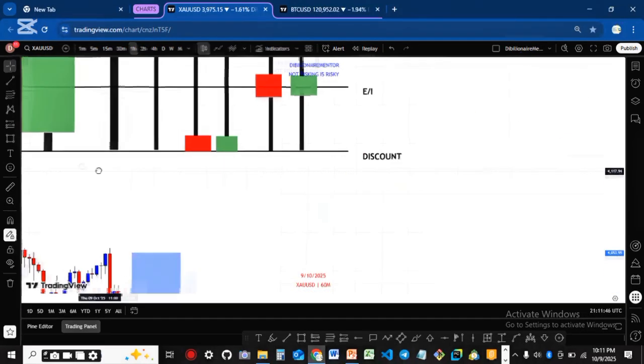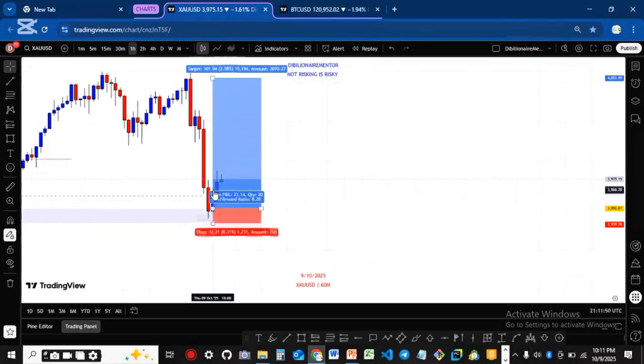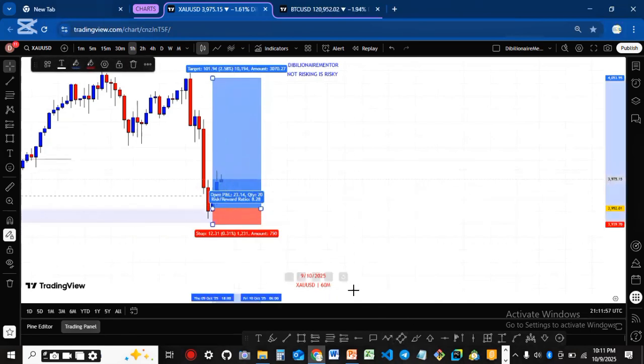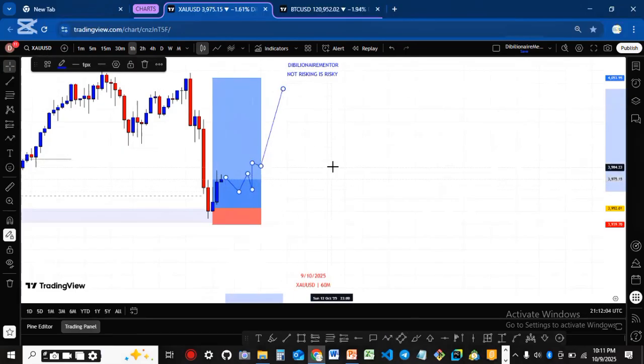When you see your bullish engulfing candle, just like what you see here, this candle engulfs this candle. So we're expecting more buy side based on this price action.